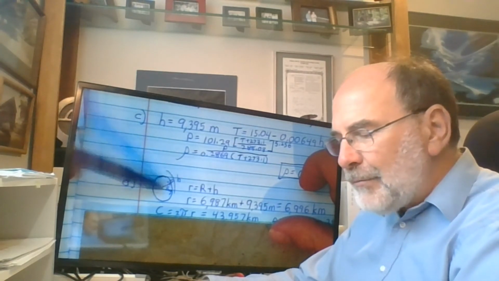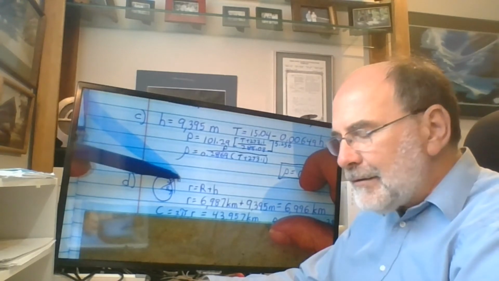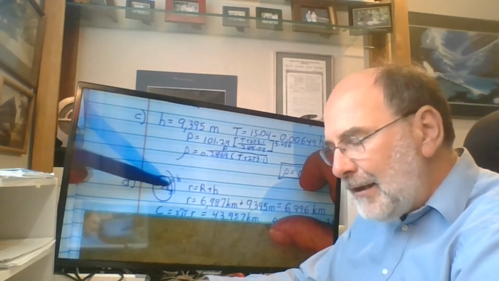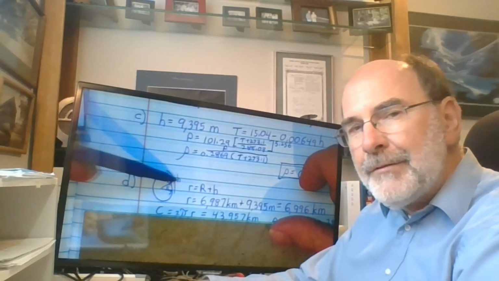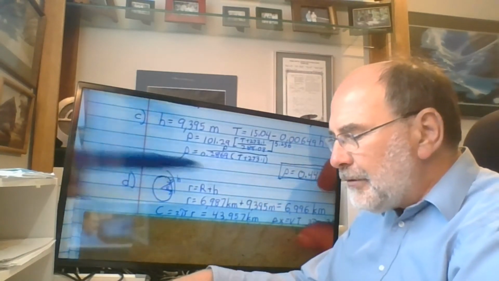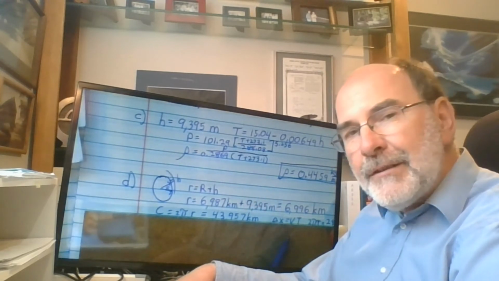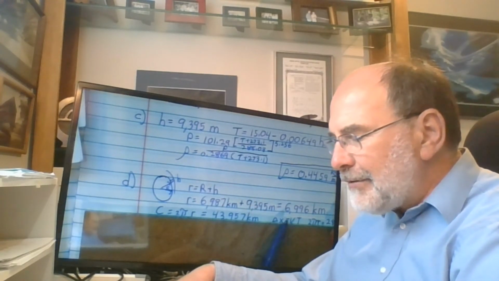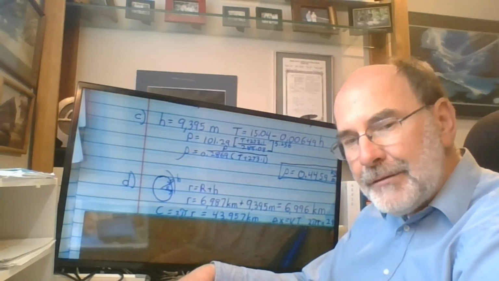So the radius of the circle is like an orbit radius. It's the radius of the planet plus the height of the airplane above the surface of the planet. So adding those together and then rounding off to the nearest kilometer, that's 6,996 kilometers.